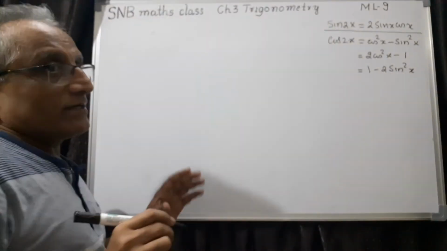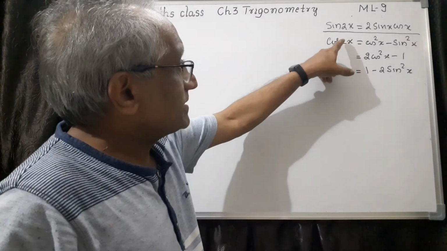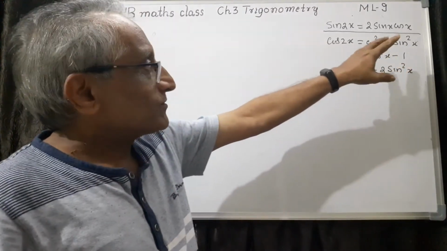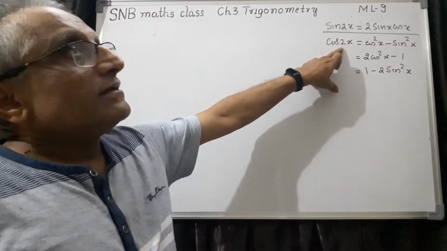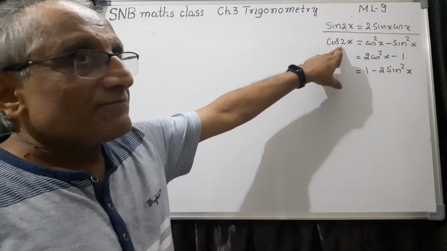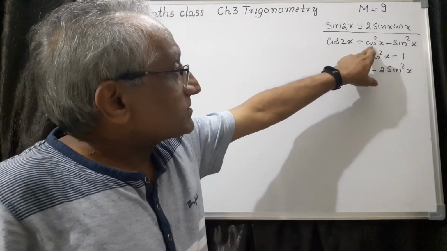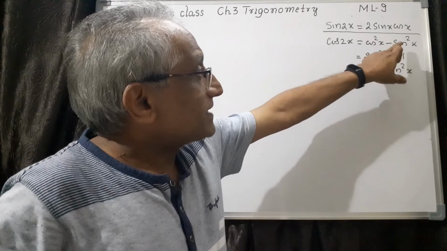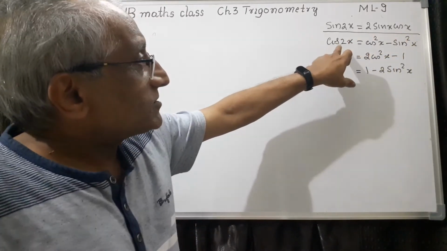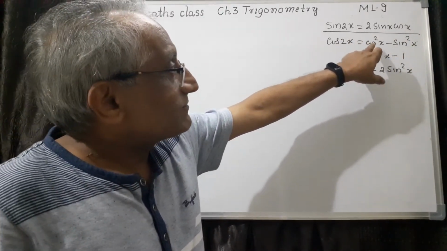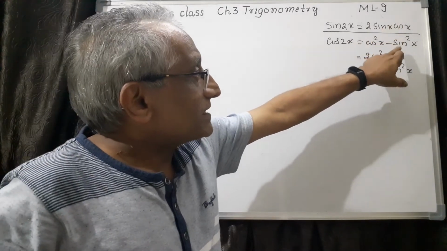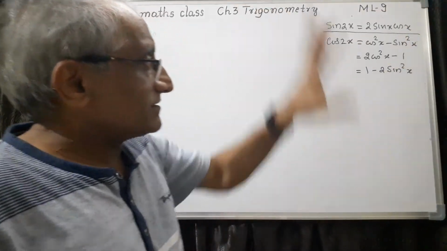And every time you have to understand this one, this is 2 times the angle, here half of that, x. For example, cos 60 degree equal to cos square 30 degree minus sin square 30 degree. Cos 10 degree equal to cos square 5 degree minus sin square 5 degree. So that is the understanding.